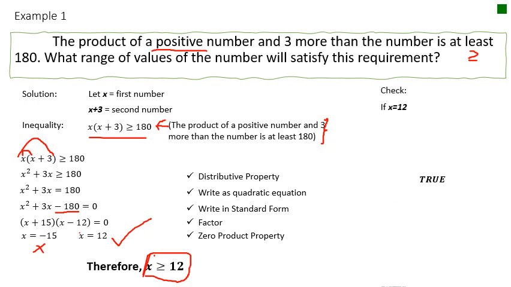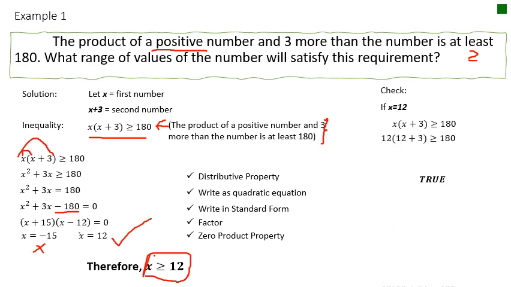Check natin. If x is 12, bakit 12? Consider natin si 12. 12 is included in the solution kasi ang ating inequality sign ay equal to. Gamit yung ating original inequality, we have x times quantity x plus 3 is greater than or equal to 180.